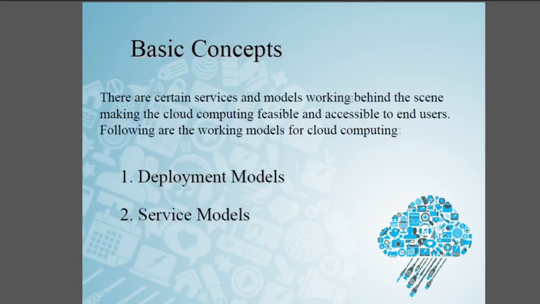Let us see the basic concept. There are certain services and methods, or models, working behind the scenes, making cloud computing feasible and accessible to end users. The following are the working models for cloud computing. The first one is the deployment model, and the second is the service model.